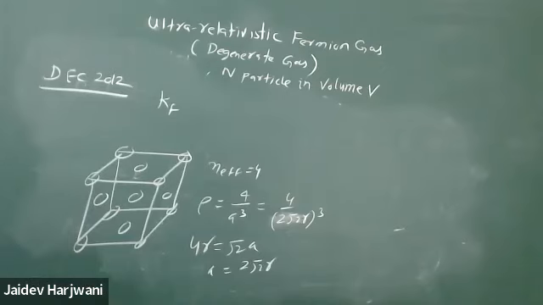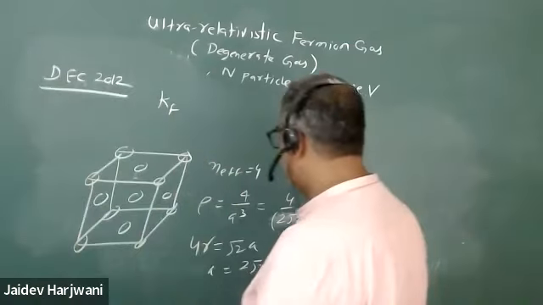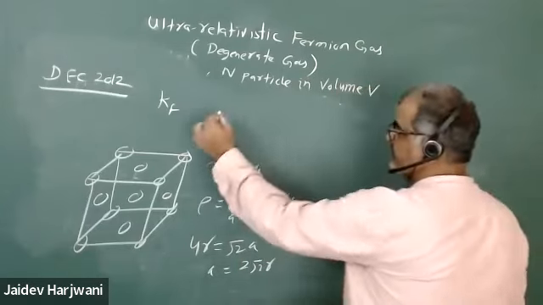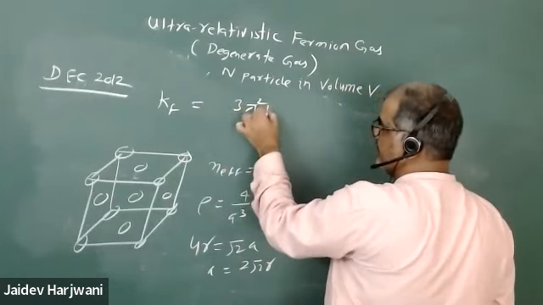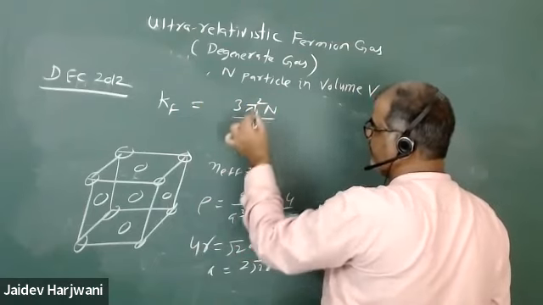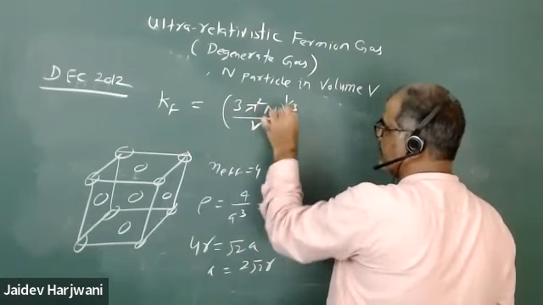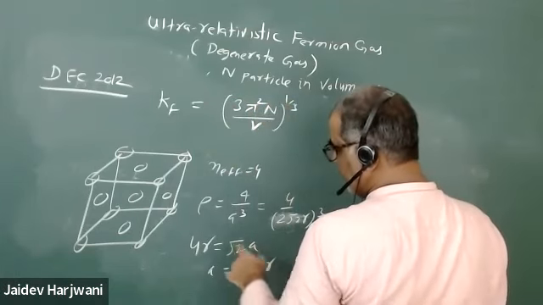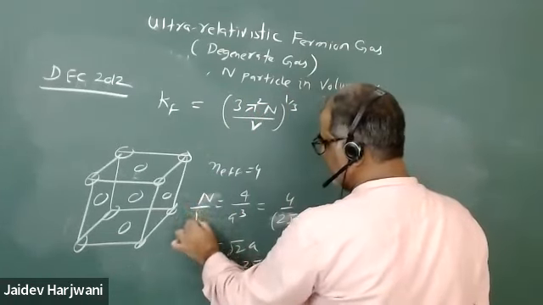Simple question. So now kF, what is the value of kF? It is 3 pi square n upon V, to the power 1 by 3. Just put the value of n by V here.